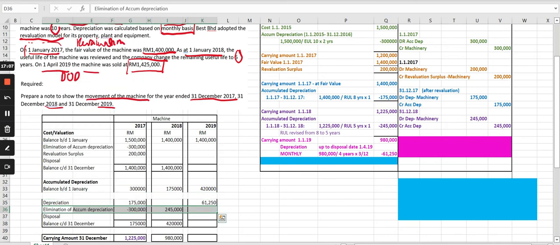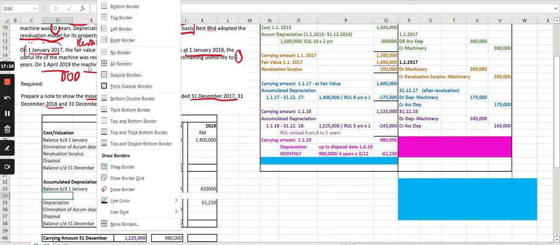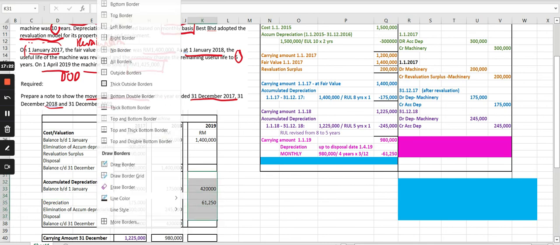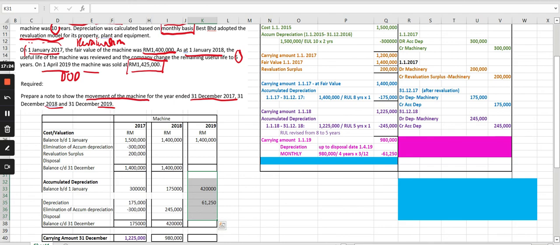Okay, that's better. So now you need to go and remove the accumulated depreciation due to the disposal. So just bear in mind that I'm just trying to make the border better. Okay, another one here, another one here, and the last one. Okay, right, good.